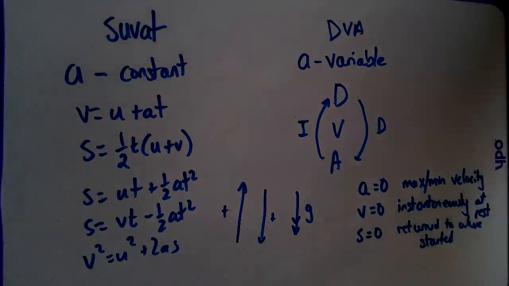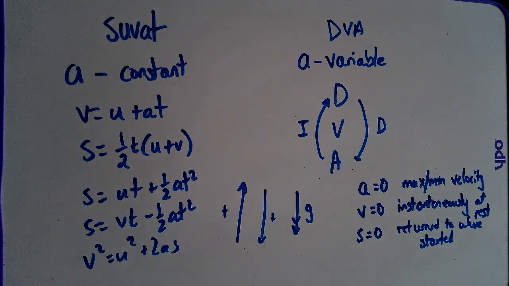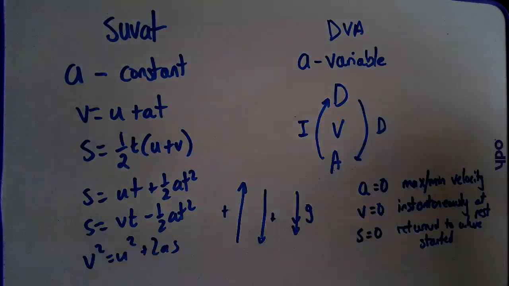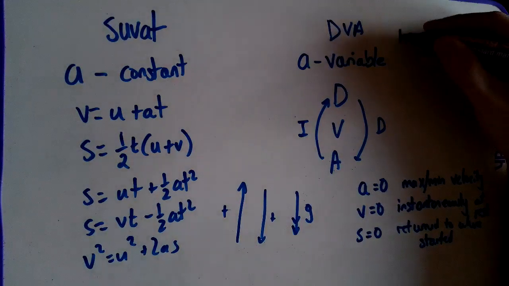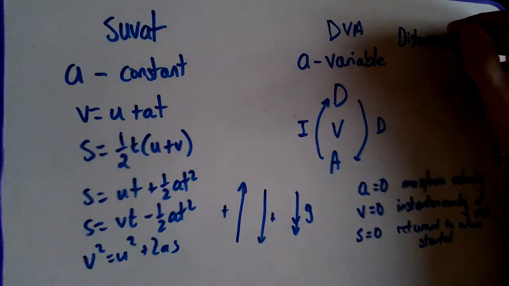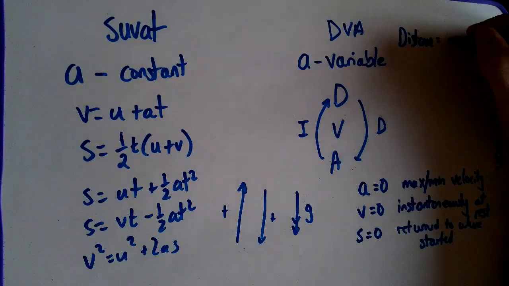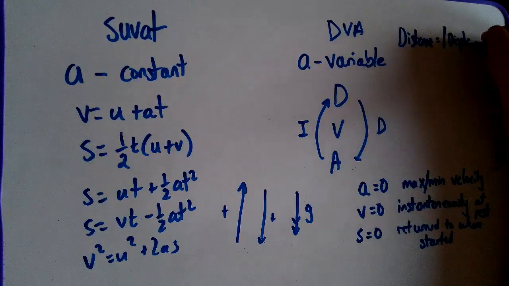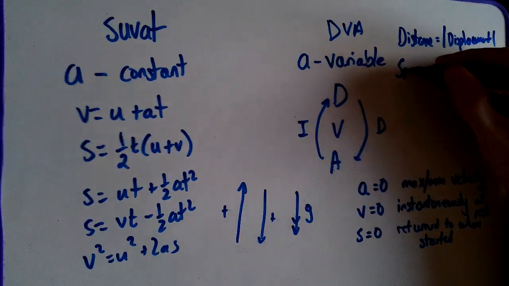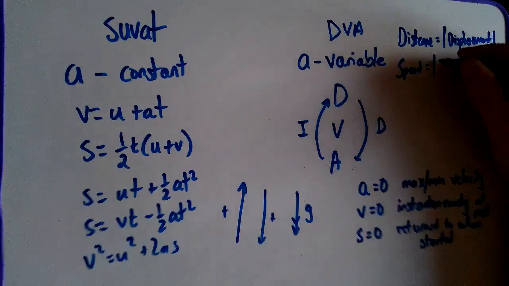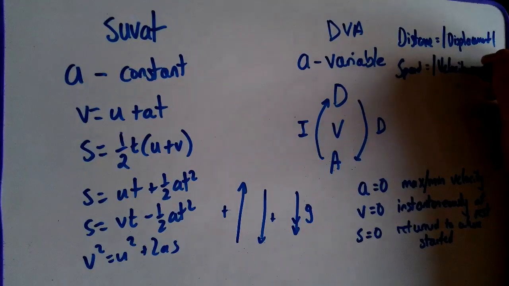Okay, then we can combine that a little bit with vectors at the minute. In terms of distance, that is the magnitude, and I'm going to use this notation, the magnitude of displacement. And speed is the magnitude of velocity.